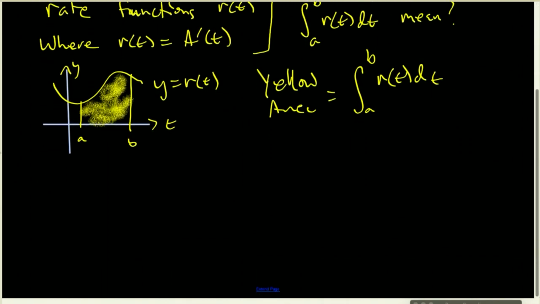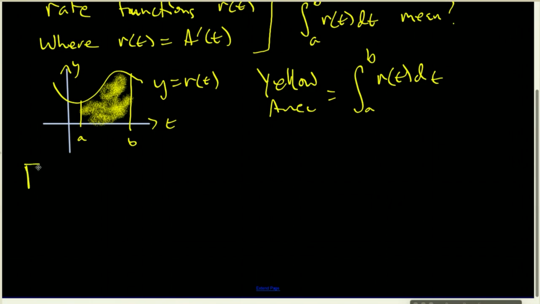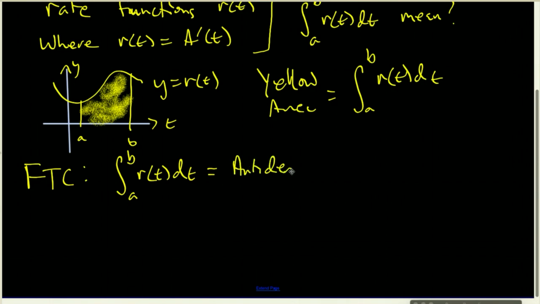And I want to remember that we have the fundamental theorem of calculus. Our second version of the fundamental theorem of calculus says that the integral between a and b of R of t dt is going to be any antiderivative of R of t evaluated between a and b.